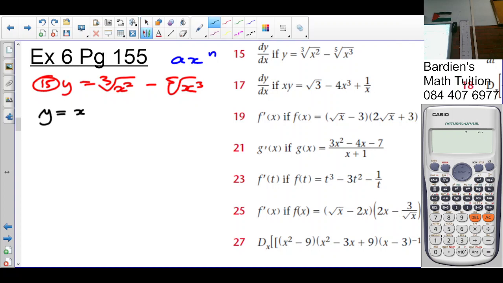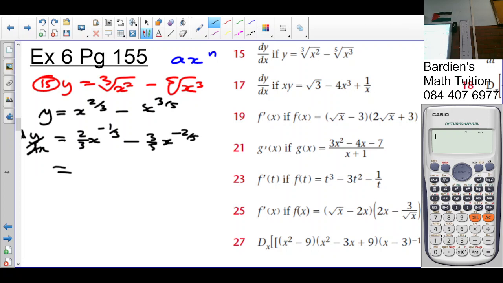So that's going to be x to the 2 over 3, minus x to the 3 over 5. So dy dx is going to be 2 over 3 x to the minus 1 on the exponent, which gives you negative a third. Minus 3 over 5 x to the minus 1 is going to give you negative 2 over 5. So that's 2 over 3 x to the minus 1 over 3, minus 3 over 5 x to the minus 2 over 5.